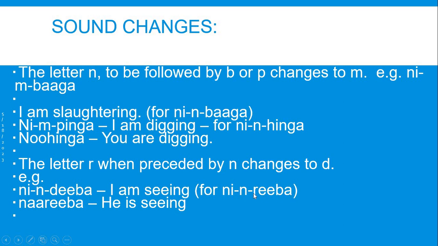You now remove this N, you remove this R and replace it with D, and the word becomes nindeva. This one, he is singing, it remains nareva. He is singing. So you get it clearly?